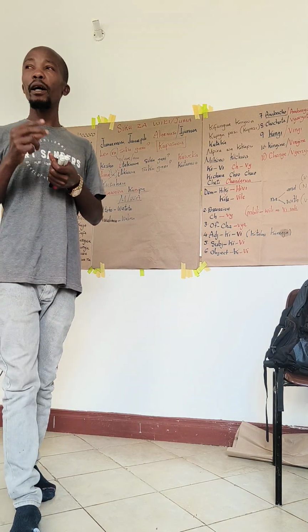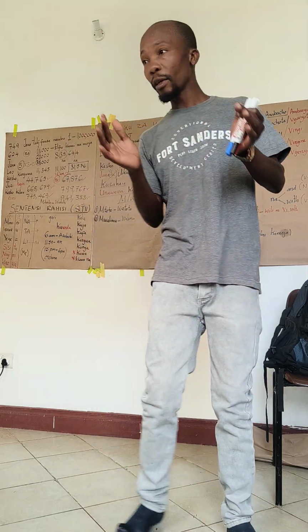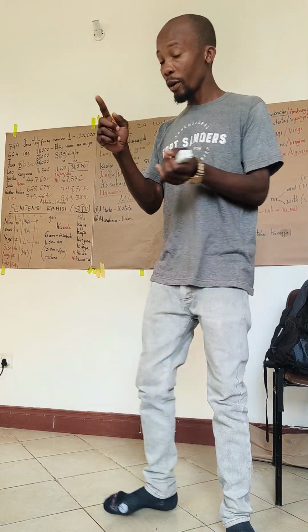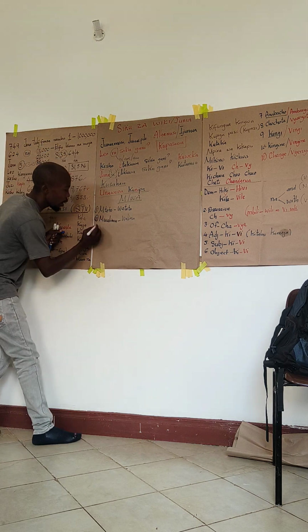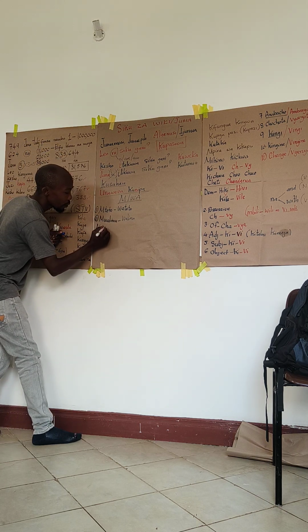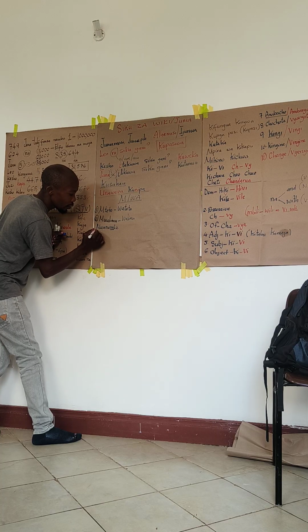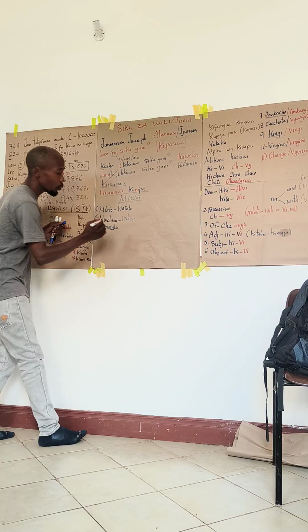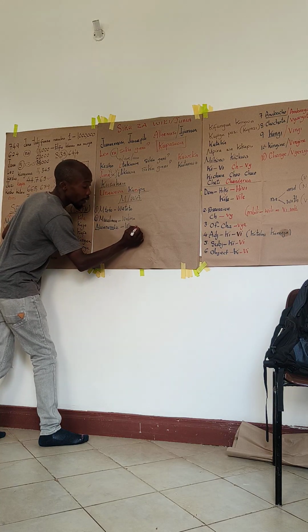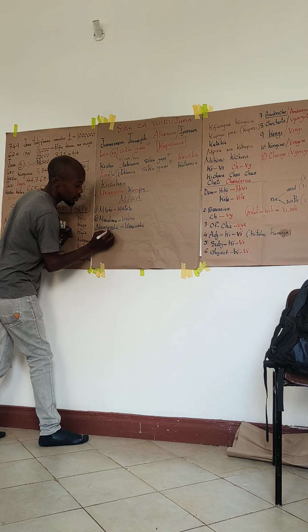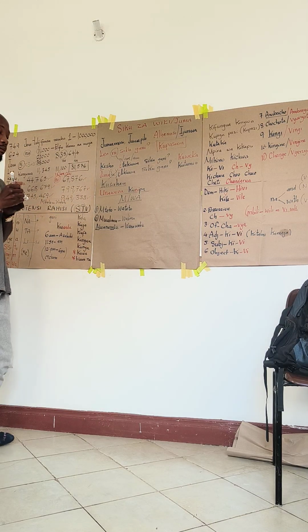It combines 2 nouns: mwana means daughter or son, and mke means wife. For these ones, it's not just dropping M. The plural of mwanamke is wanawake; you also change this one.